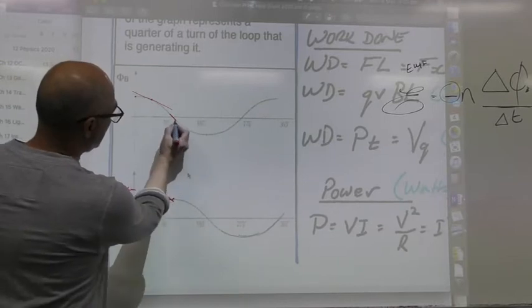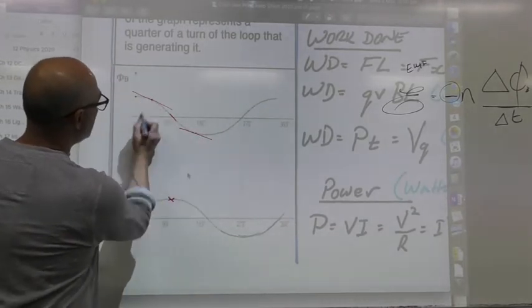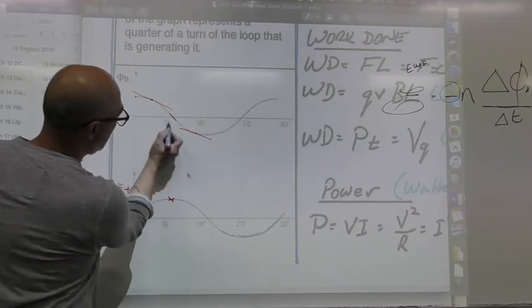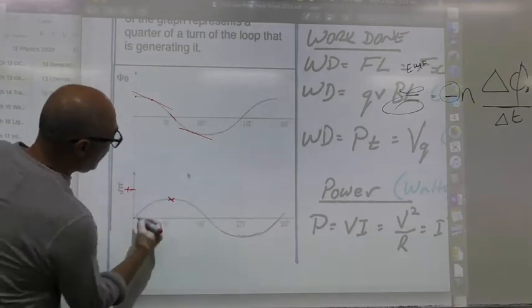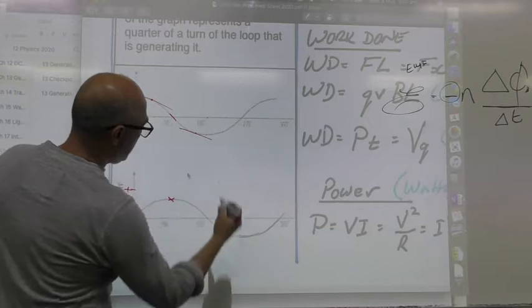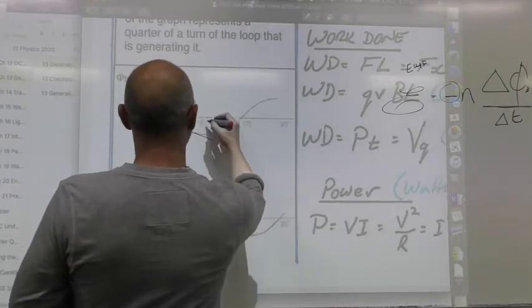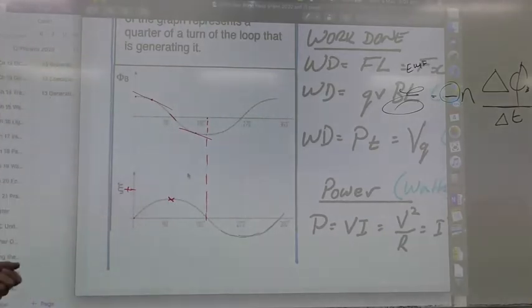It remains negative all the way down to here. If you look at your tangents, it is negative, negative, less negative to almost flat. That whole region, from here to here, corresponds to positive pulse of EMF. Okay?